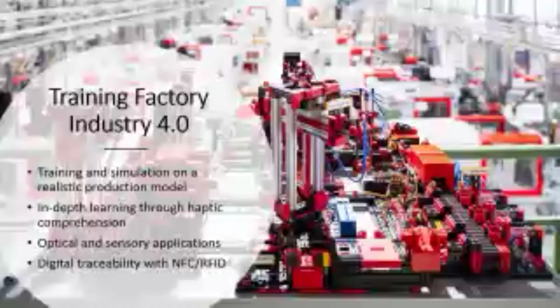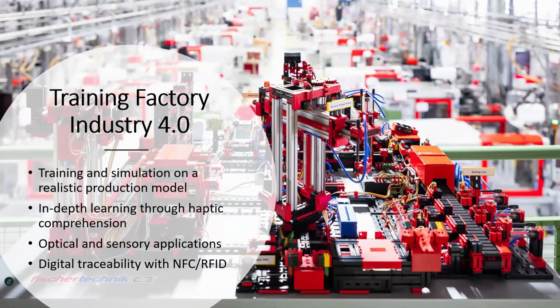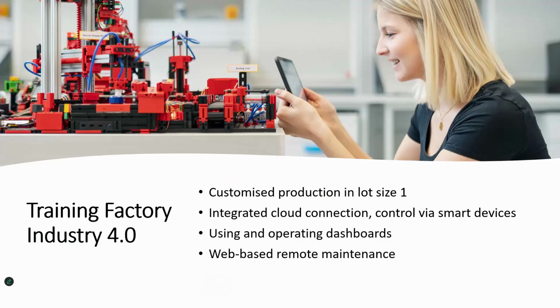Okay, so just to jump in and summarize a few of the points quickly, here are some of the topic areas which can be addressed using the fischertechnik Training Factory Industry 4.0. Of course, training and simulation on a realistic production model, in-depth learning through haptic comprehension, optical and sensory applications, digital traceability with NFC/RFID technology, customized production in lot size 1, integrated cloud connection and control via smart devices.